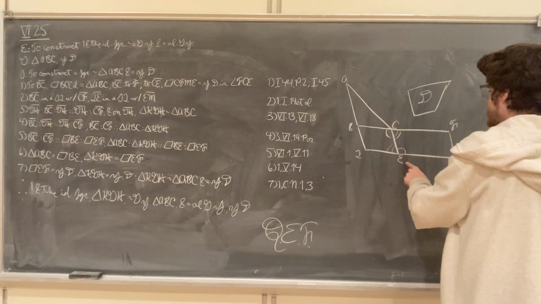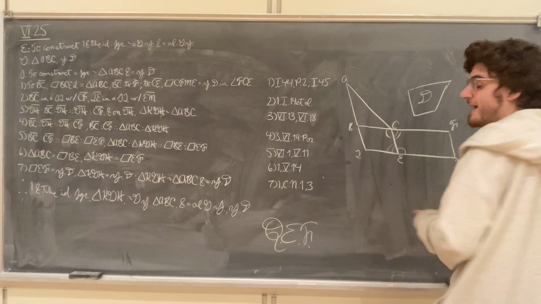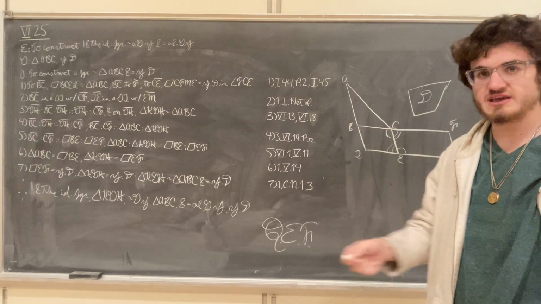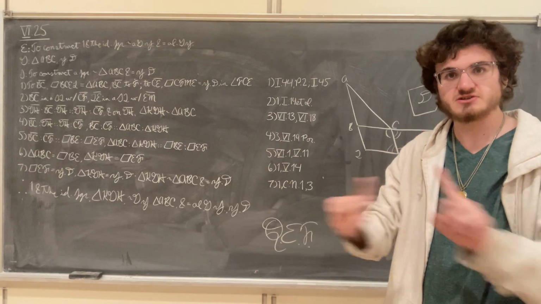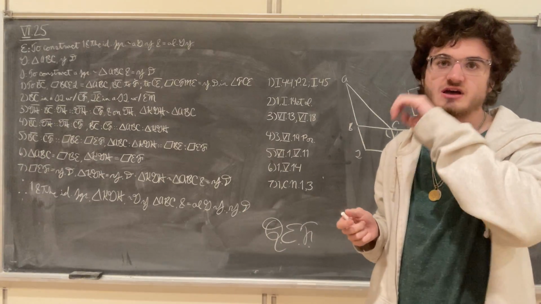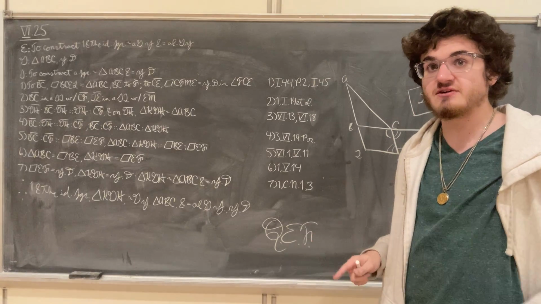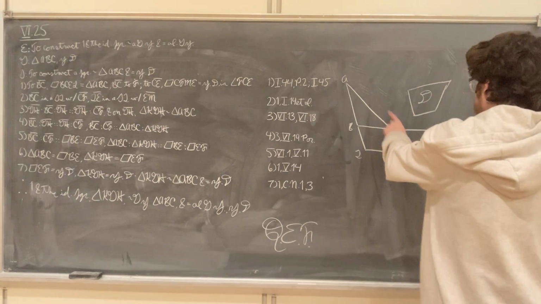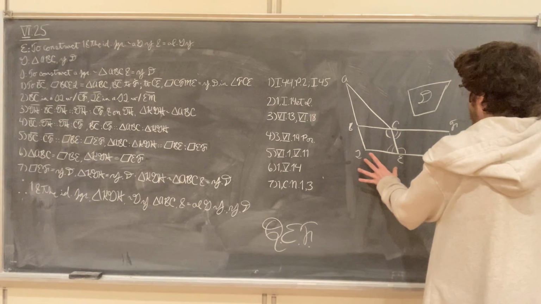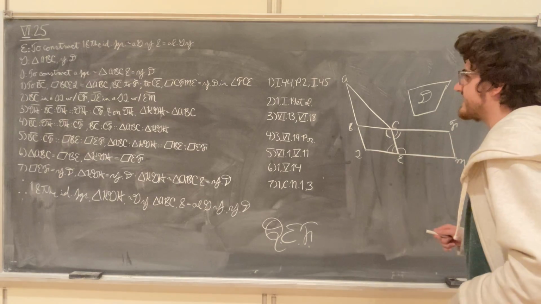So the angle CEL plus the angle CEM add up to two right angles, which means by proposition 1.14, when you have one straight line falling upon two straight lines, such that the adjacent angles add up to two right angles, those two straight lines are in a straight line with one another. So the angle CEL plus the angle CEM adding up to two right angles, LE is in a straight line with EM.